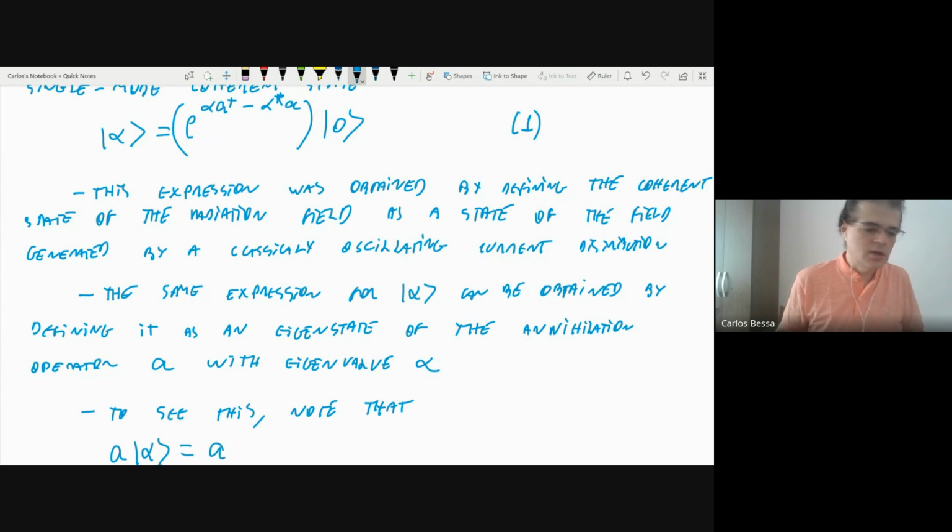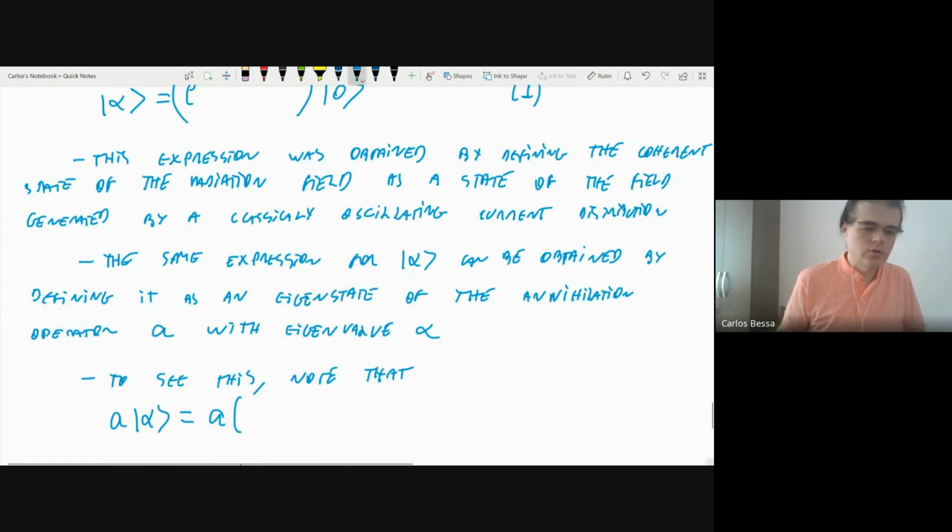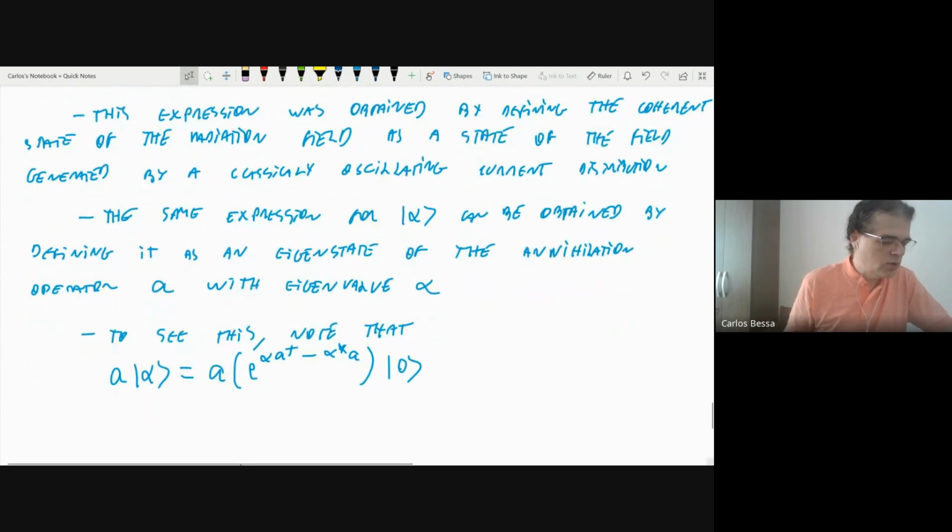it is A applied to all this guy here, to the exponential of alpha A dagger minus alpha conjugate A, applied to 0. But this is an exponential of operators, so we need to see how it acts here.